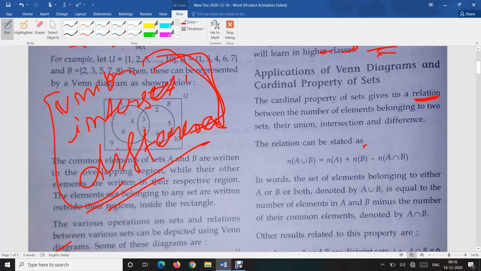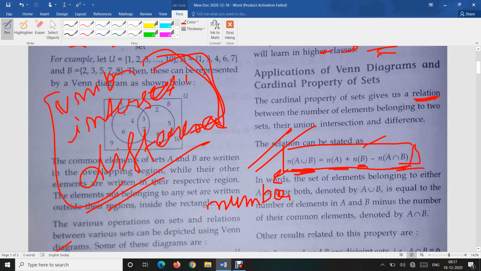The relation can be stated as n of A union B is equal to n of A plus n of B minus n of A intersection B. This n is denoting number. n of A union B means the number of elements in A union B, n of A is the number of elements in set A, n of B is the number of elements in set B, and n of A intersection B is the number of elements in set A intersection B. So this is the relation, and we always use this formula.